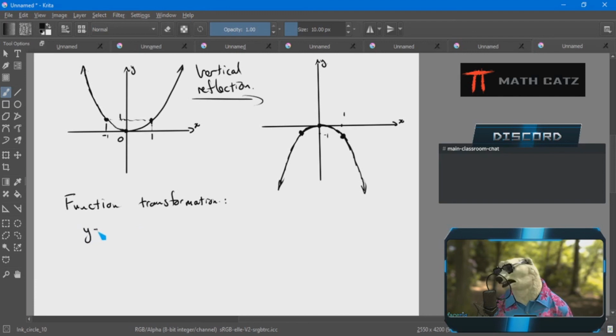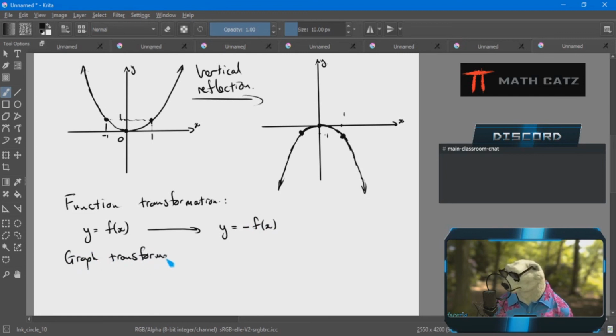So if I have my function, could be x squared, could be something else, I don't know, and that changes to the same, but negative, then my graph transforms by way of a vertical reflection.